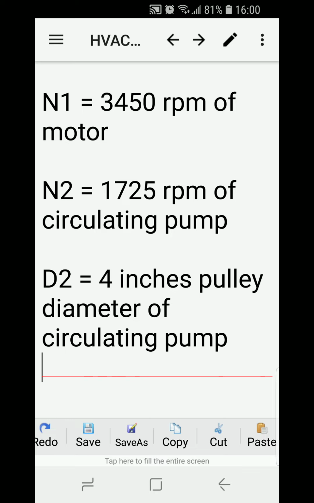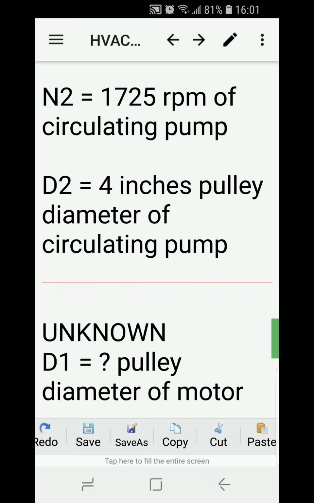So we can see here that the circulating pump rotates at a much slower speed, and it's got 4 inches. So then the answer would be smaller than 4 inches because the motor spins faster at 3,450.